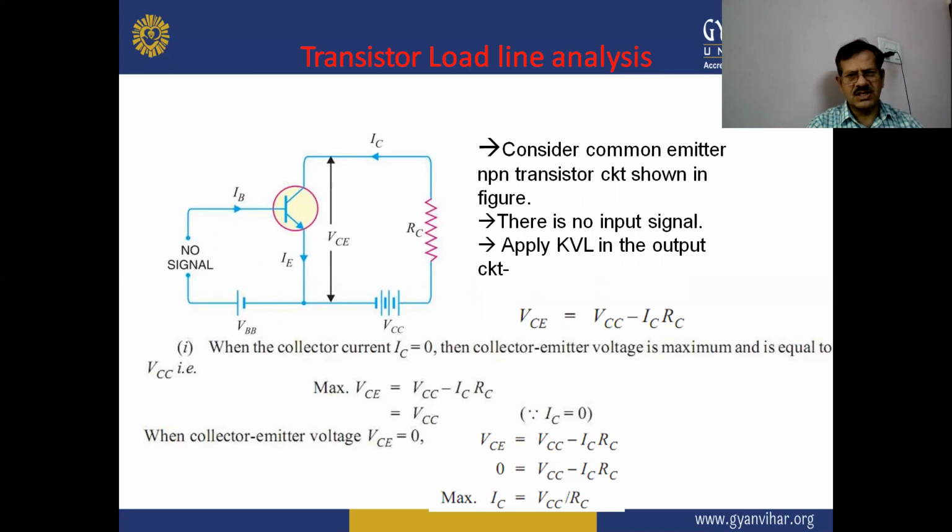So VCE equals VCC minus ICRC, where IC is 0, so VCE equals VCC. And when the collector emitter voltage VCE is 0, in that case 0 equals VCC minus ICRC, so IC will be equal to VCC upon RC, that is the maximum collector current.